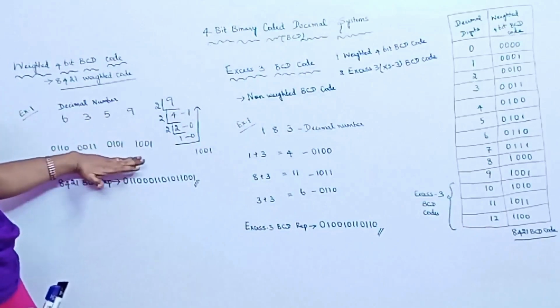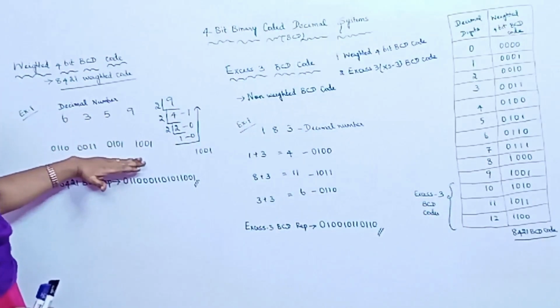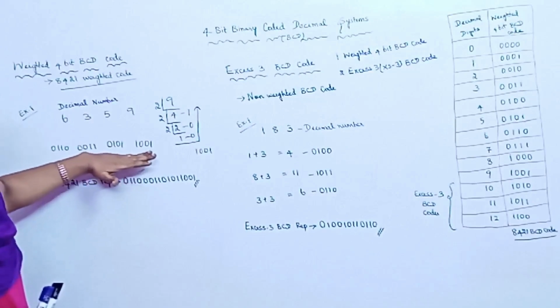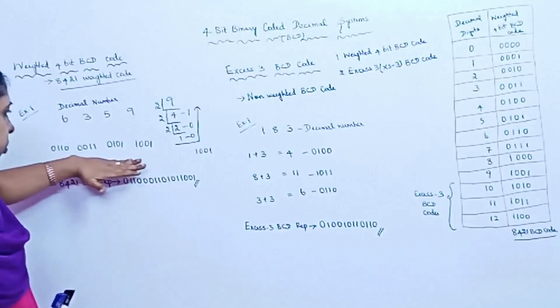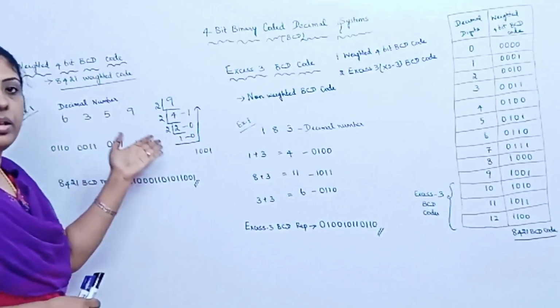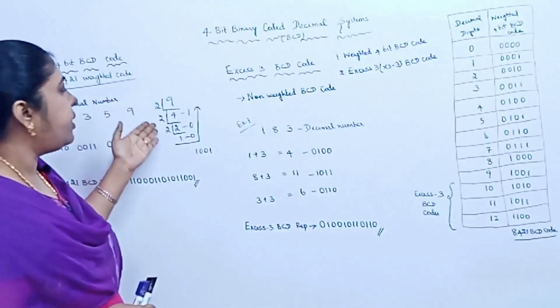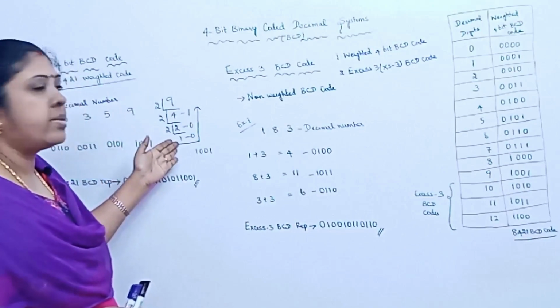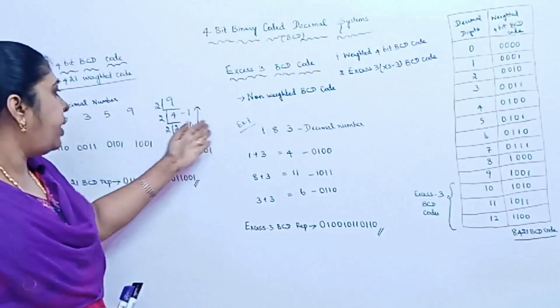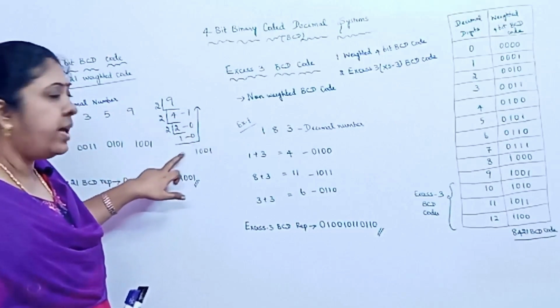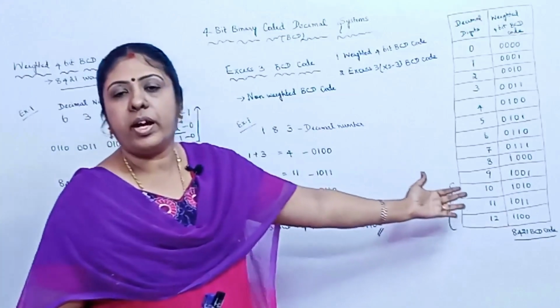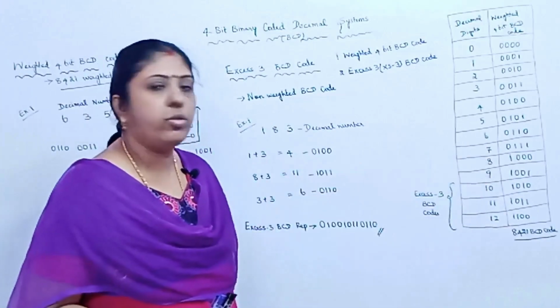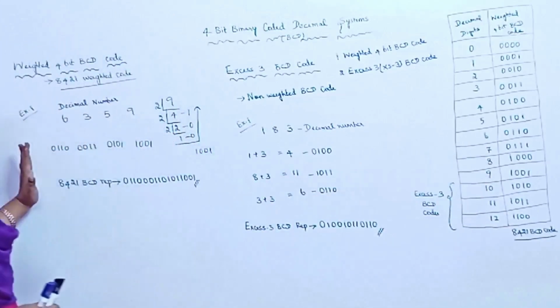Directly from the table we can substitute the 8421 BCD code values and then write them again in the answer. Suppose we can't remember the table, then consider the digit, divide by 2 until it reaches a minimum value, write the remainders and finally write the answer from the bottom to the top. For each number you can find on your own the 8421 BCD code. This is the first method.